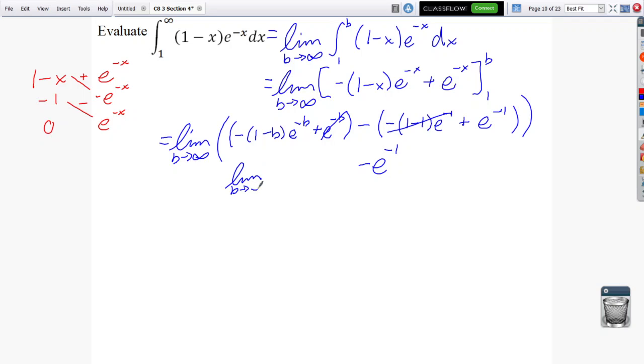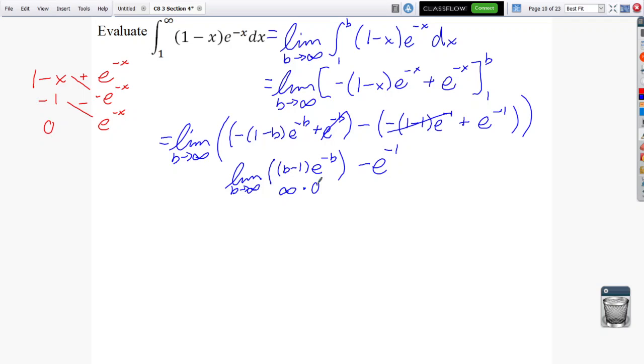Limit as b approaches infinity of, I'm going to distribute that negative and get b minus 1, again distributing in my negative, e to the negative b. Now looking at that, I can tell that I now have infinity minus 1 times e to the negative infinity, 0.